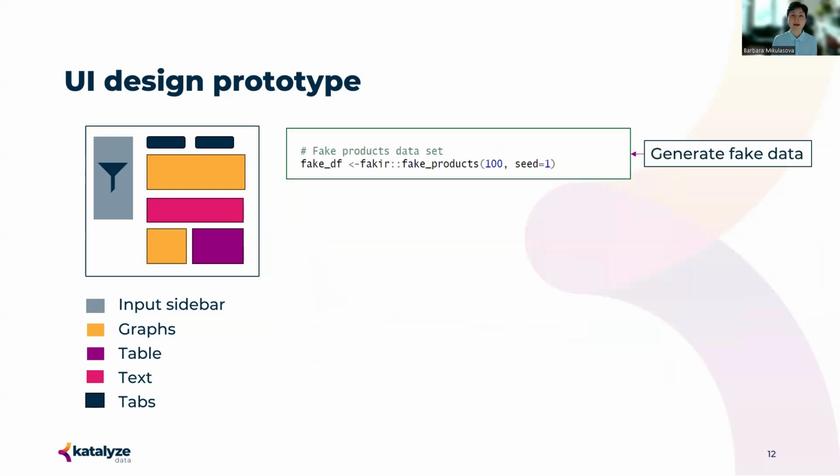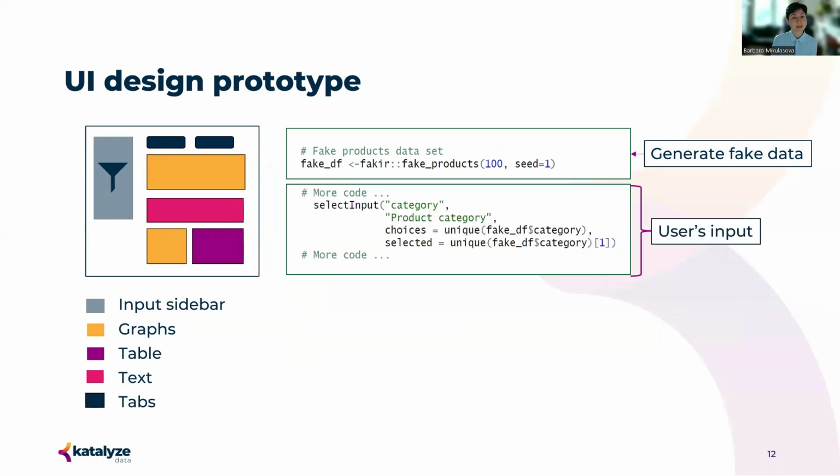When we are happy with the UI design of our prototype, then we can focus on the elements that our users will interact with. Mostly, this will be your data filters. So let's use our Fakeyear package to create a fake dataset, which is going to contain information of some fictitious products. This dataset is going to have 100 rows. Then we can use this dataset to bring our input elements to life.